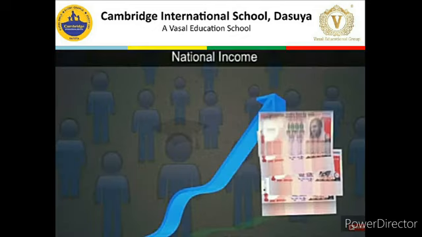Not only for Sakal, education contributes towards the growth of society also. If we get educated, if we have good jobs, if we all earn well, then the total income of the country will increase. That means national income will increase and it will eventually enhance the growth rate of the country.